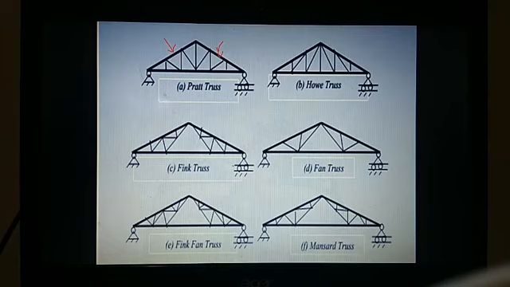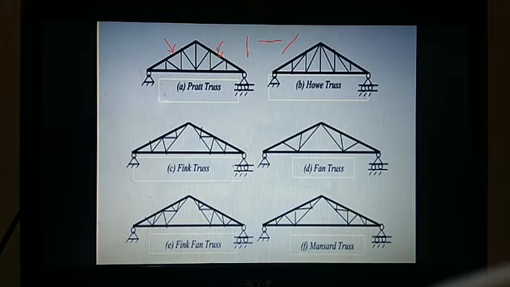Here is one more important point to consider: why do we always go with triangular sections? Why can't it be a rectangle or a square? Because if you consider the internal force in a vertical member, in a horizontal member, and in an inclined member, a vertical member can resist only vertical forces, and a horizontal member can resist only horizontal force, but inclined members resist both horizontal and vertical force.